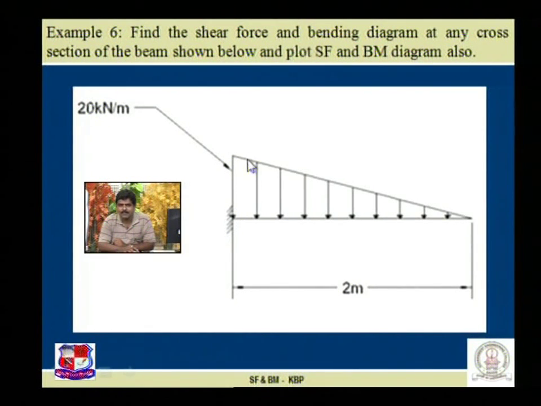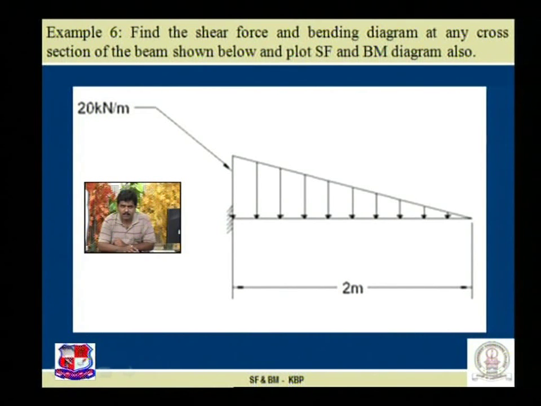Our intention is to plot the shear force and the bending moment diagram, meaning to find the variation of shear force and bending moment along the length of the beam.